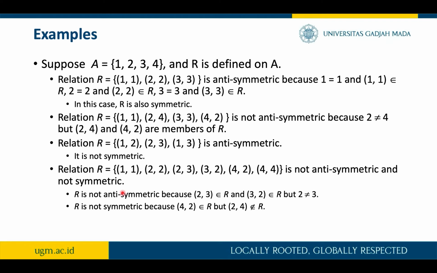So R is not anti-symmetric. And it's not symmetric because we have (4,2) here, but (2,4) is not a member of R. So R here is not anti-symmetric and not symmetric.